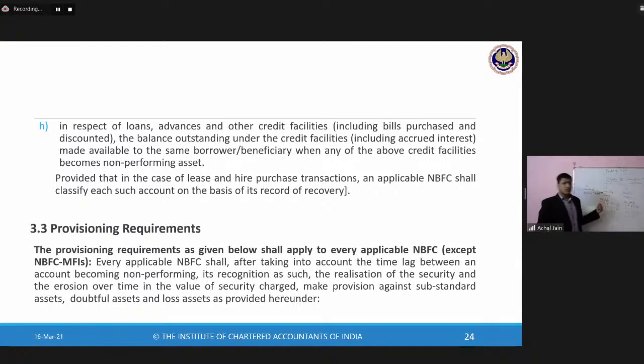Which is not the case over here. Here, the moment an asset shifts into a particular category, there are certain prescribed norms, certain prescribed percentages on the basis of which provision will have to be created by the NBFC, and which is mandatory.